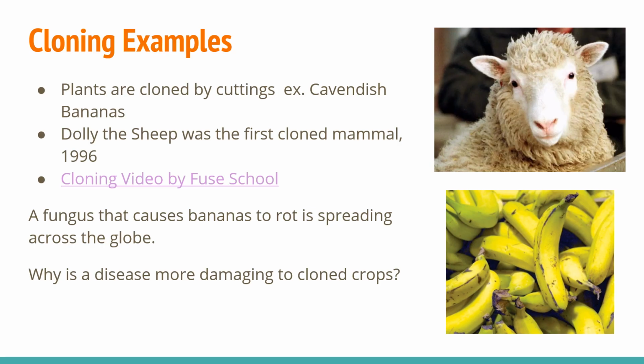If the clone is susceptible to the fungus that rots them, then all of them are going to be susceptible to it. However, we could, in theory, use genetic modification to figure out what is resistant to the fungus and use that to genetically modify the bananas so that we have a clone that is also resistant to that.